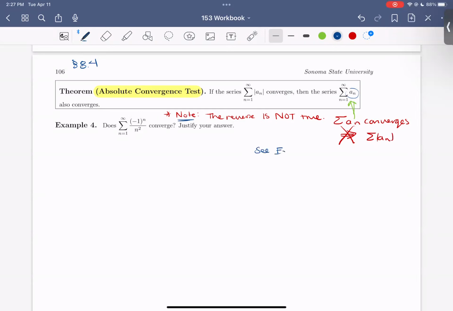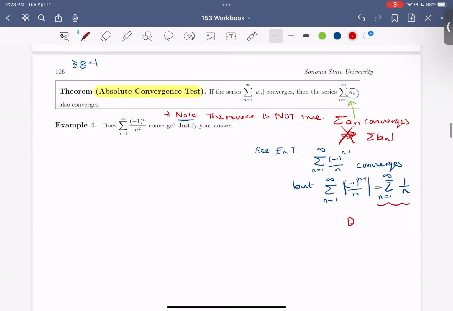So we can actually see example 1 above. We saw that the sum from n equals 1 to infinity of negative 1 to the n minus 1 over n converges. But if we look at the absolute values, the sum from n equals 1 to infinity of the absolute value of negative 1 to the n minus 1 over n is equal to the sum from n equals 1 to infinity of 1 over n.